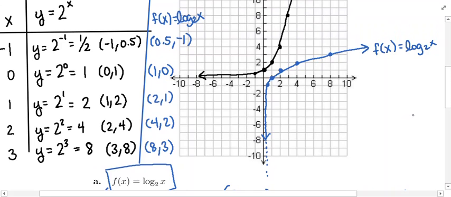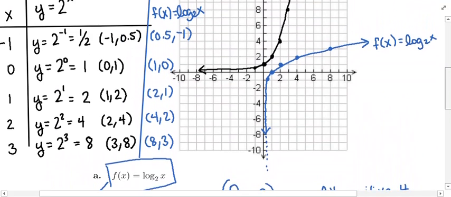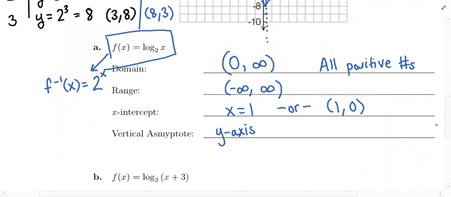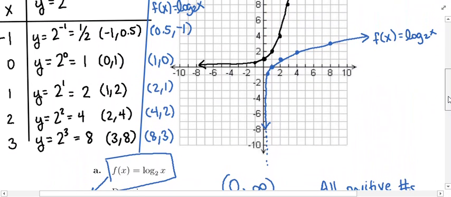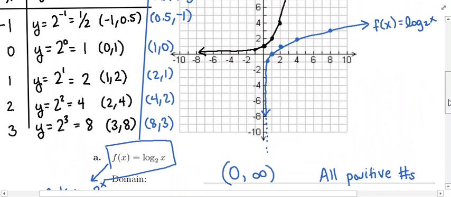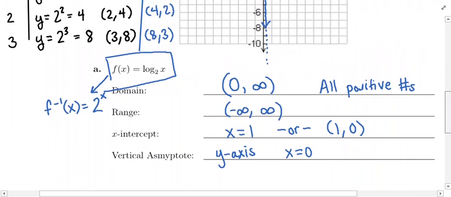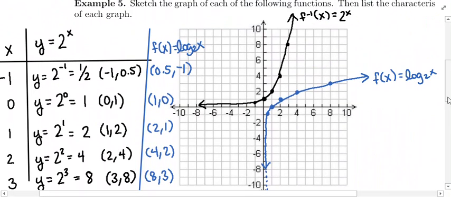We already said that the vertical asymptote here is the y-axis, but you need to write it as an equation. The equation of the y-axis is x equals 0, because any point that you pick on the y-axis is going to have an x value of 0. So these are the characteristics of the blue graph, which is f of x is equal to log base 2 of x.